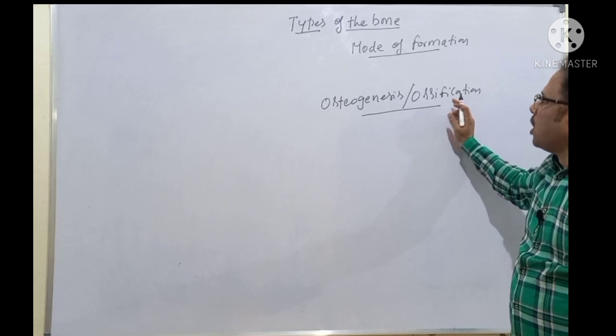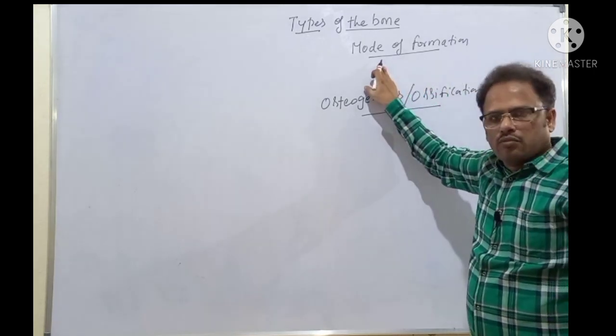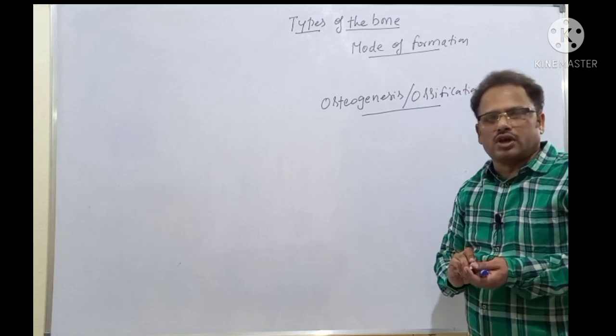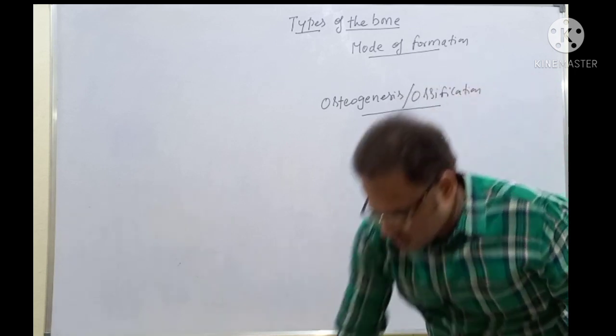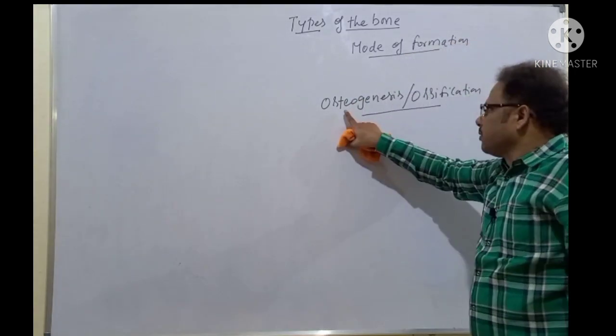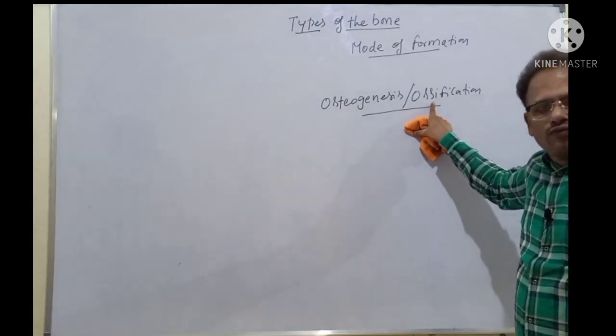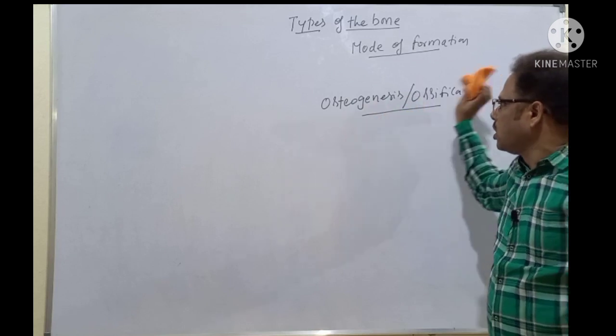Basing on the mode or manner of formation, there are chiefly 4 different types of bones. What are these? Let's discuss now. So let's remember, the process of bone formation is called ossification or osteogenesis.